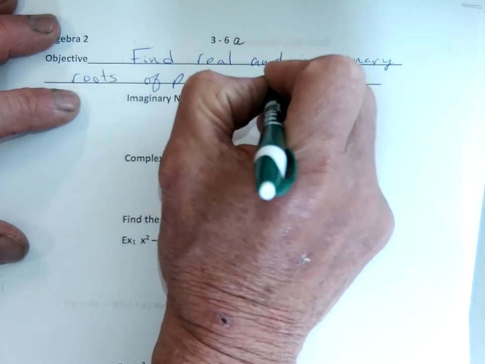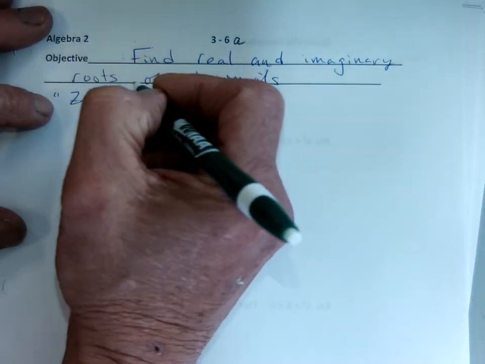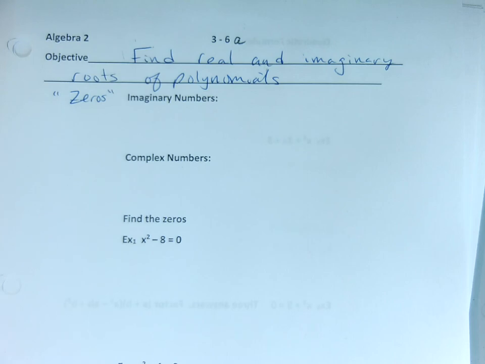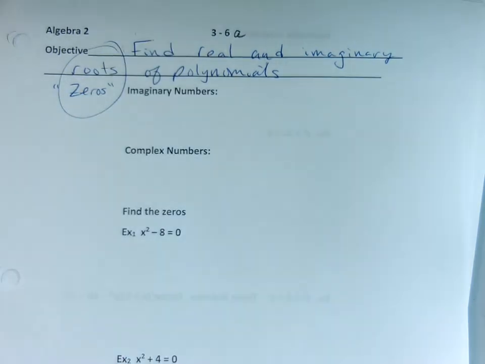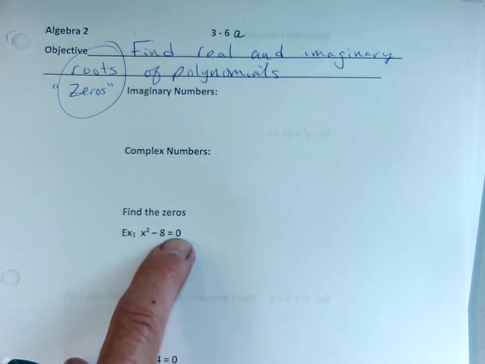So we start using this word roots instead of zeros once we start talking about imaginary as well as real. Okay, they're the same thing. Zeros and roots are the same thing. But you're going to see both terms. Sometimes they'll say find the zeros, sometimes find the roots. But it's all finding the values of x when the equation is equal to 0.